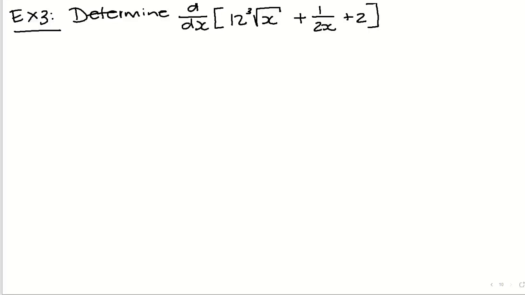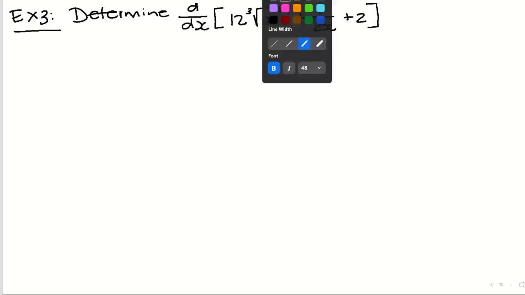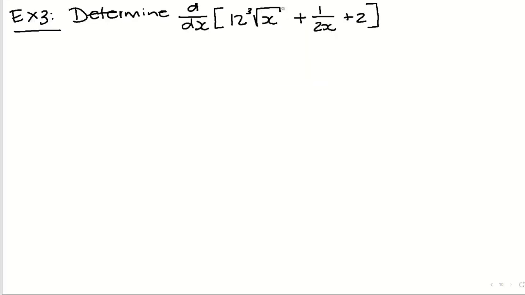Example 3: determine the derivative of this function with respect to x, if we've been given the function 12 times the cube root of x plus 1 over 2x plus 2. Now, let's do a little bit of scribbles here. We know that we are not allowed to have our x's in the denominators.